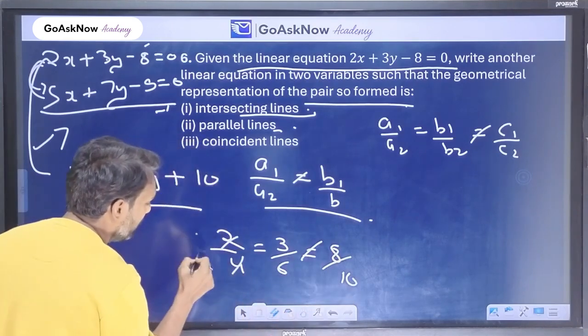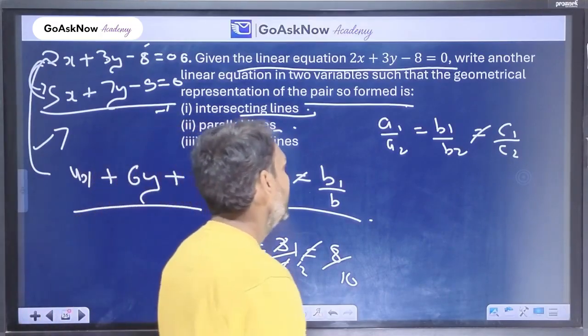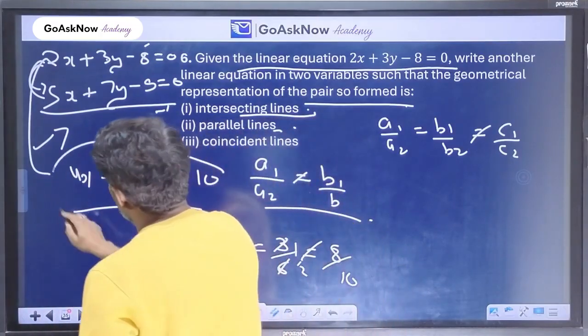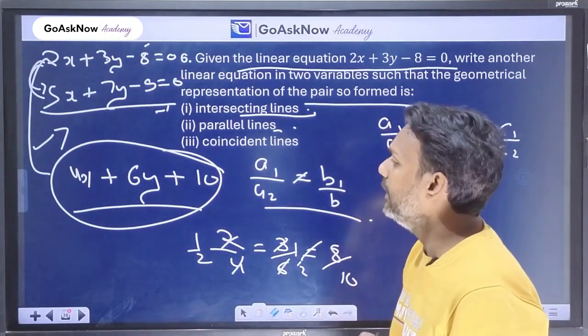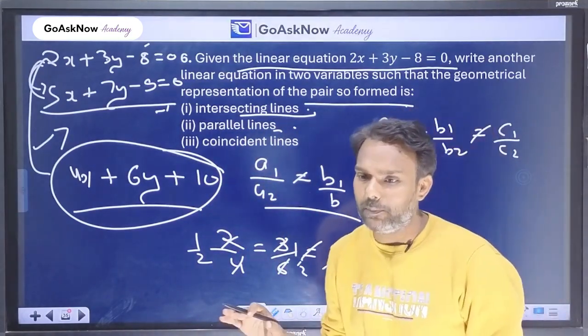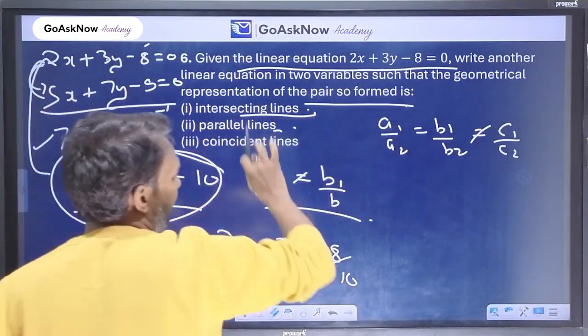So this is another line and this represents a pair of parallel lines. Meanwhile, we can find an infinite number of parallel lines to 2x plus 3y minus 8.